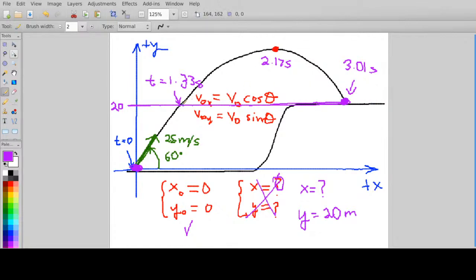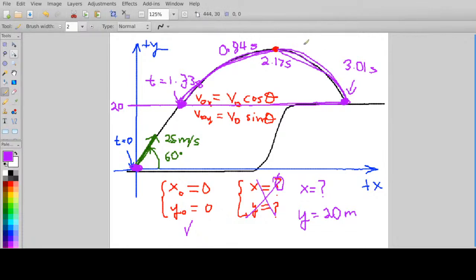In other words, the time it takes to go from the 20 meter mark on the way up to maximum height, I'm going to try to draw that in purple here, turns out to be 0.84 seconds. I'll show you how I got that in a second. That time is exactly the same as the time it takes to go from maximum height back down to 20 meters.